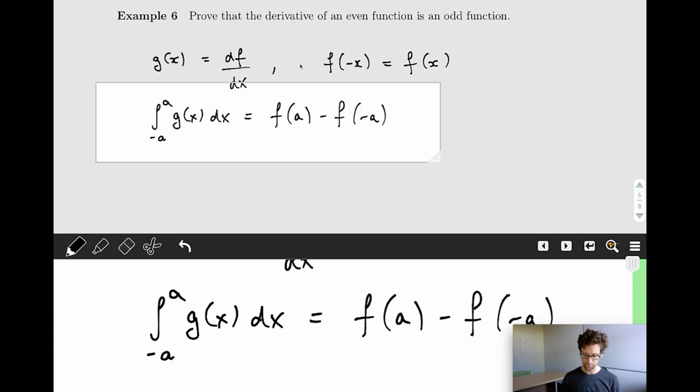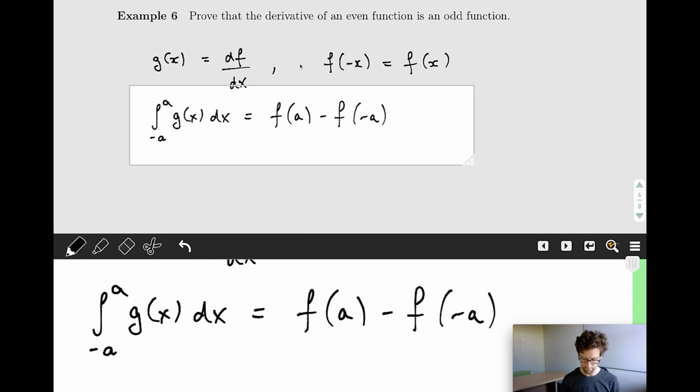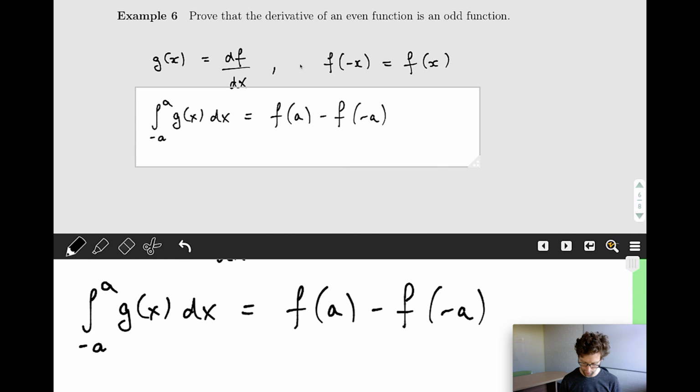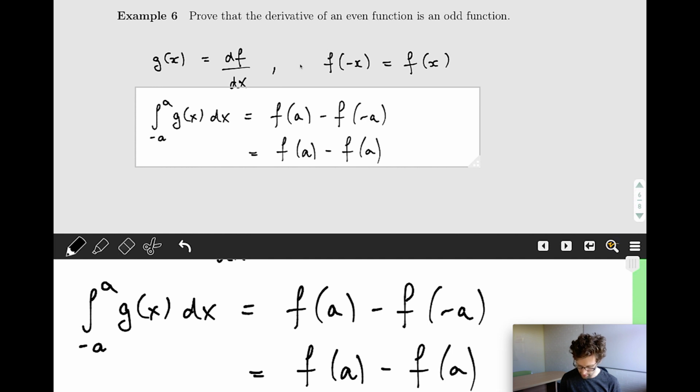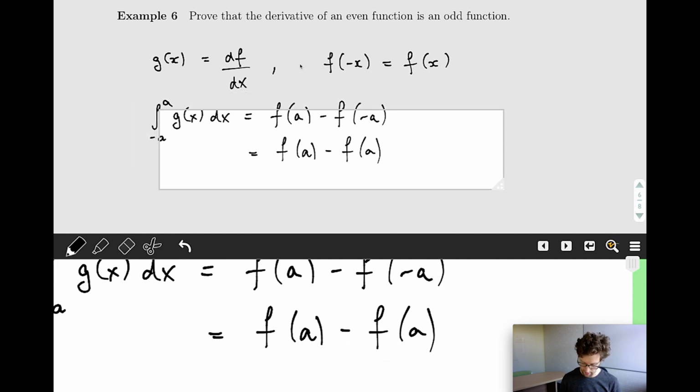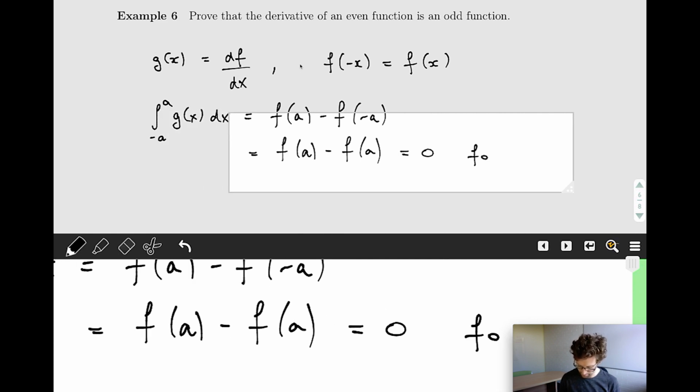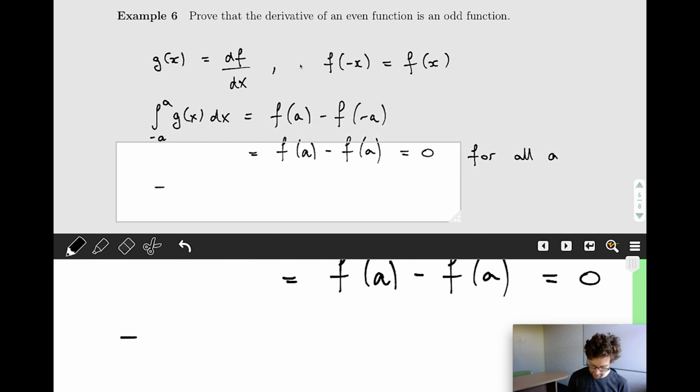But f is an even function, which means that f of minus a is going to be the same as f of a for all values of a. So this thing is equal to 0 for all values of a. Now, since this is true for all values of a, that means that g of x must be odd.